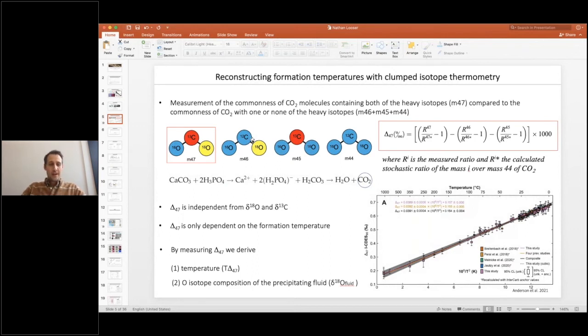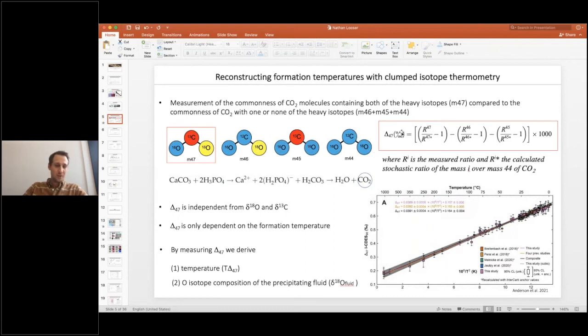So this whole thing with mass 47 and the clumped isotope thermometer has this delta 47 notation, which is defined by the ratio of 47 that you measure compared to the one that you would expect if 13C and 18O were randomly distributed, compared to the isotopologue with none of the heavy isotopes.